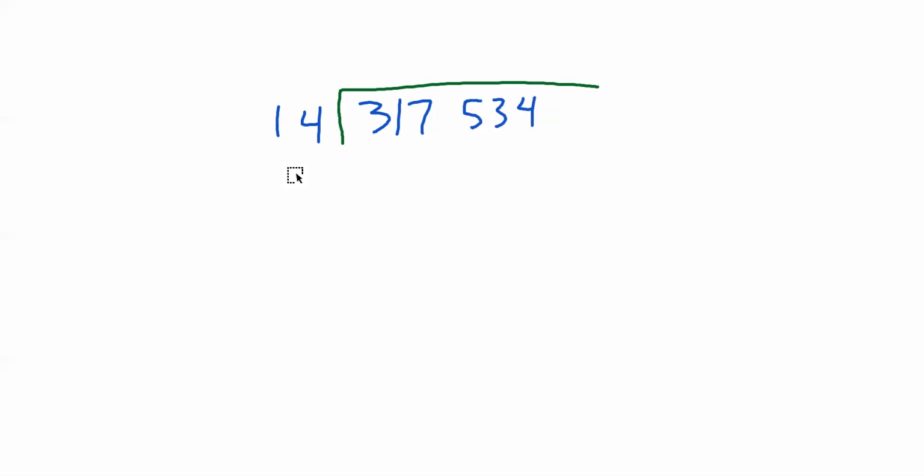We're going to move this decimal point 1 place to the right, and it's now going to go right there, 1 place to the right. And then we're going to line up the decimal point above, so it is in the same place.